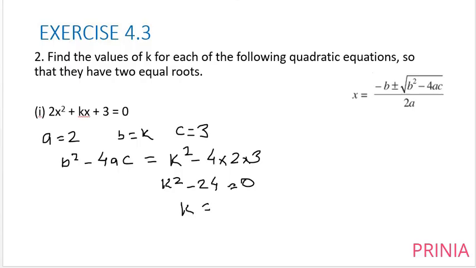That means k is equal to plus minus root 24.